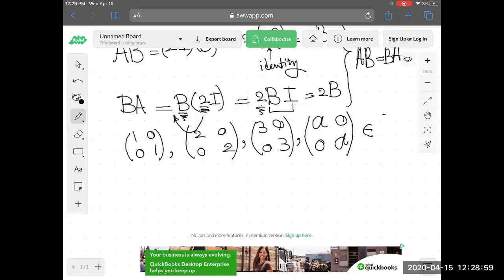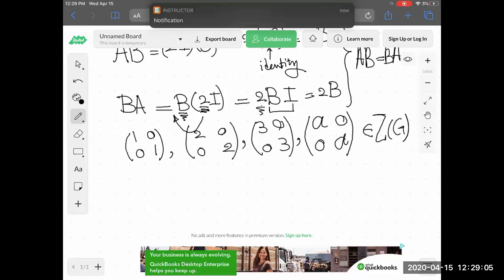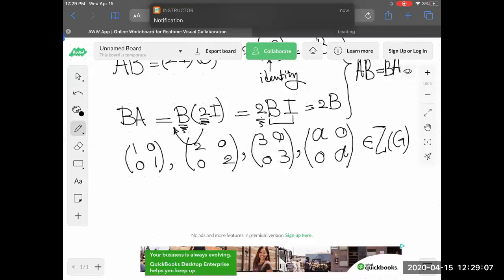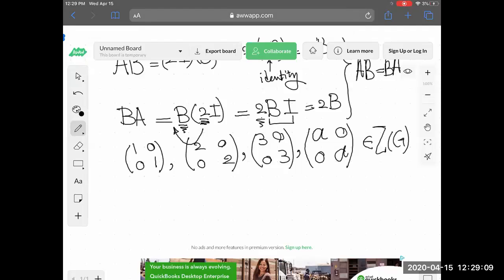So these are in the center. The set containing all these things is called the center of the group. So these are in the center of the group.